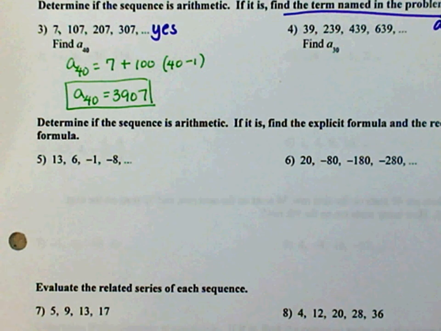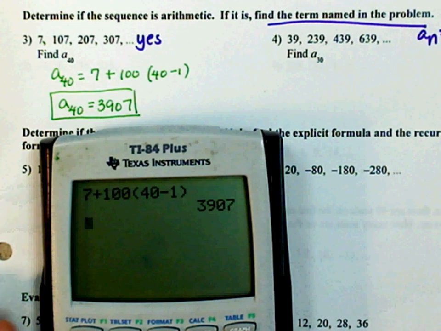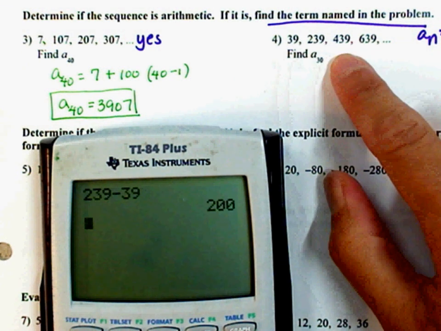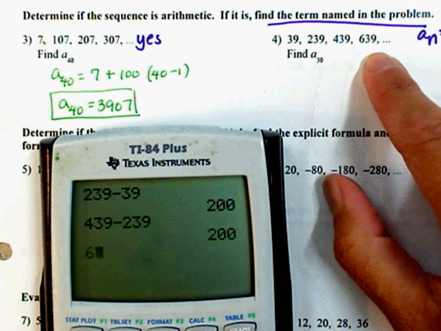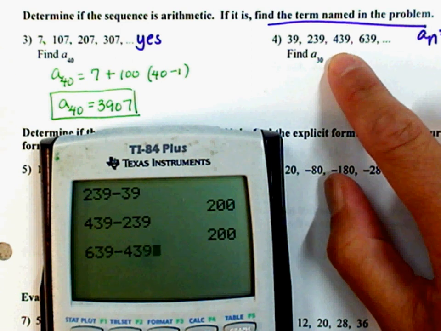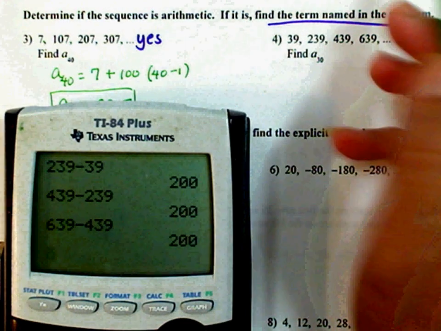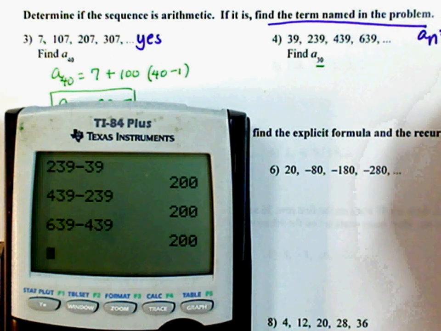Number 4, let's see if it's also arithmetic. All right, so to check, you take 239 minus the one in front of it. 439 minus the one in front of it, 639 minus the previous term, and they're all 200, so that is arithmetic. This time, I am looking for the 30th term, so I'm going to use the explicit formula that you guys have up here.